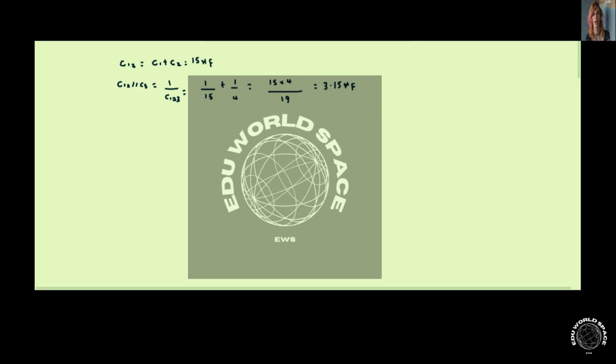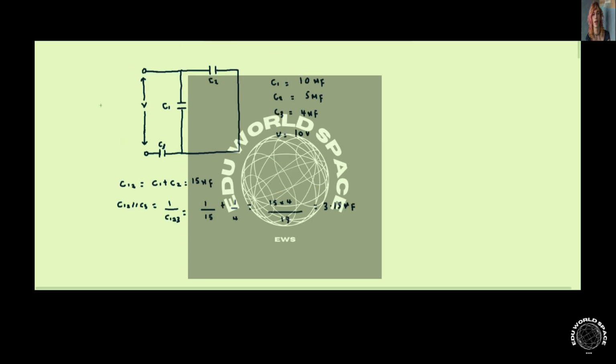So for part A, we're told to find the charge across C1. Well, we know the total charge flowing through the circuit.